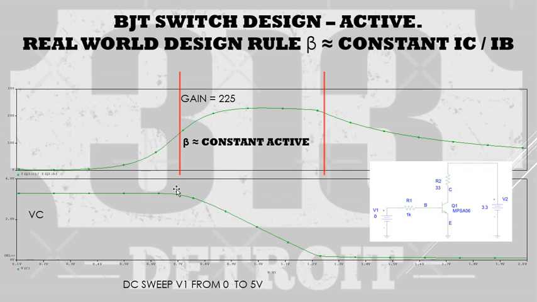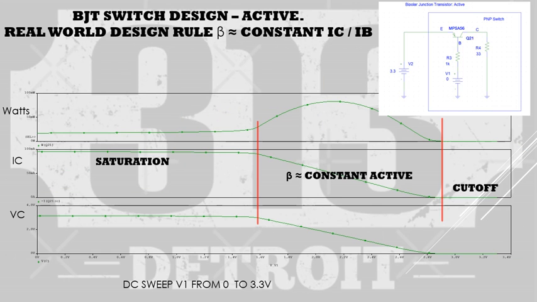You can see as we're transitioning from cutoff to saturation, the gain is relatively flat at about a gain of 200. This is the point in time when we are in the active region, when the gain, collector current divided by base current, is constant. We talked about how we want to spend as little time as possible in the active region.